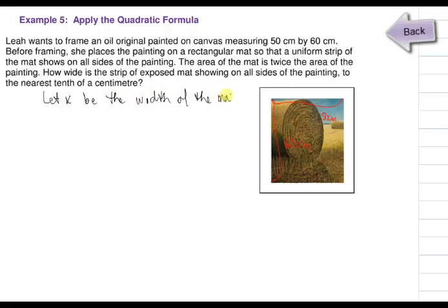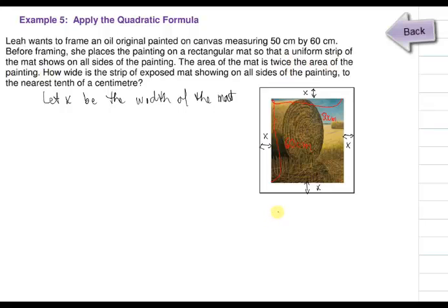of the mat. Okay, so on your drawing, or on the picture, it would look like this. So there's x as a width, x, x, and x. Okay, so the next thing that we know from our information is that the area of the mat is twice the area of the painting.